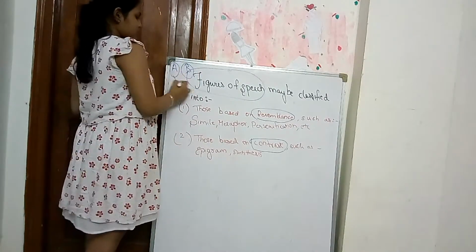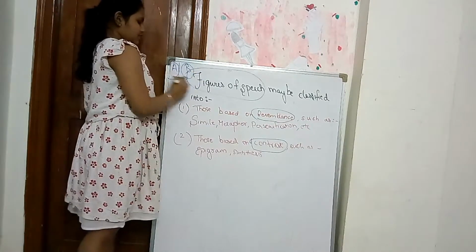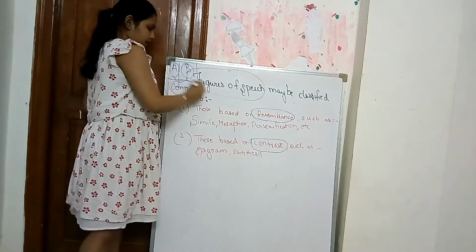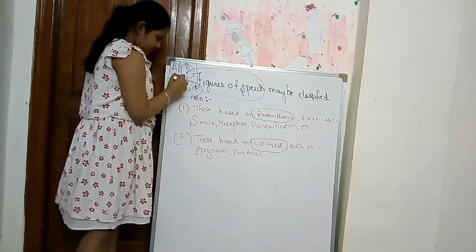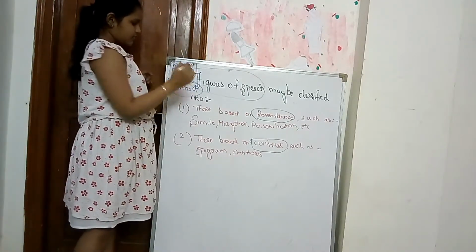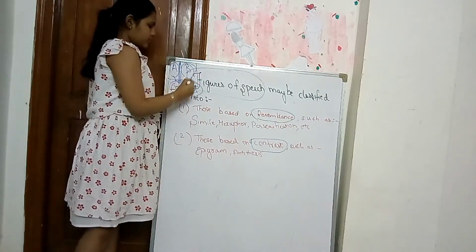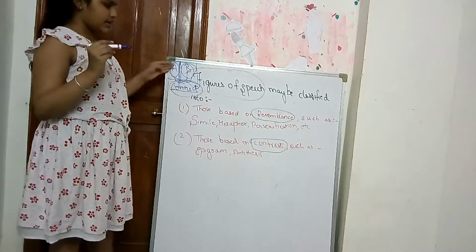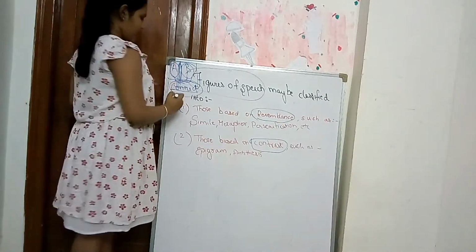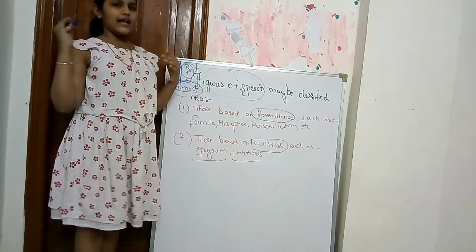These two should have something in between to get connected. That thing in between is called contrast, because it connects these two words, A and B. Examples of contrast are epigram and antithesis. Now we have more, so let's jump on to that.